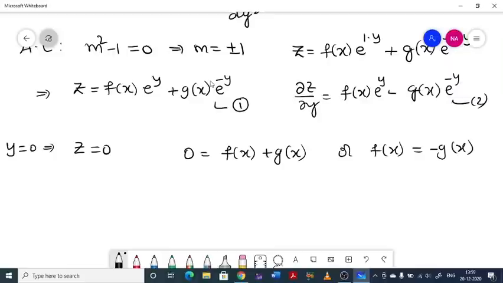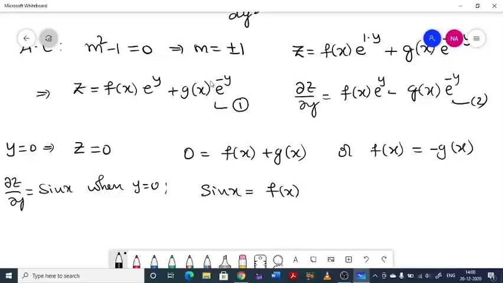Next condition, ∂z/∂y = sin x when y = 0. Using this condition in equation 2, sin x = f(x)·1 − g(x)·1.